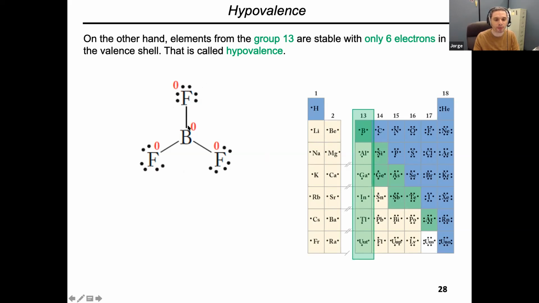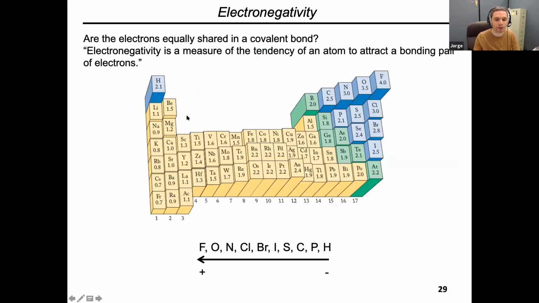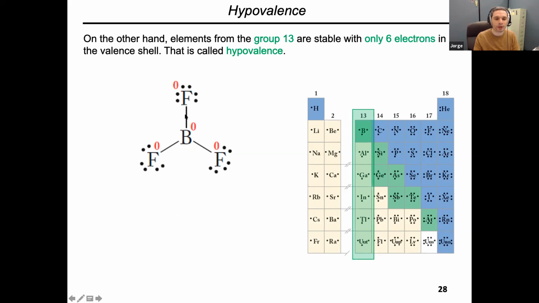However, the boron has only 1, 2, 3, 4, 5, and 6 electrons, and this compound is perfectly stable. So therefore, every time we have elements from group 13, we may have hypovalence, which means 6 electrons in the valence shell is enough to stabilize the compounds.